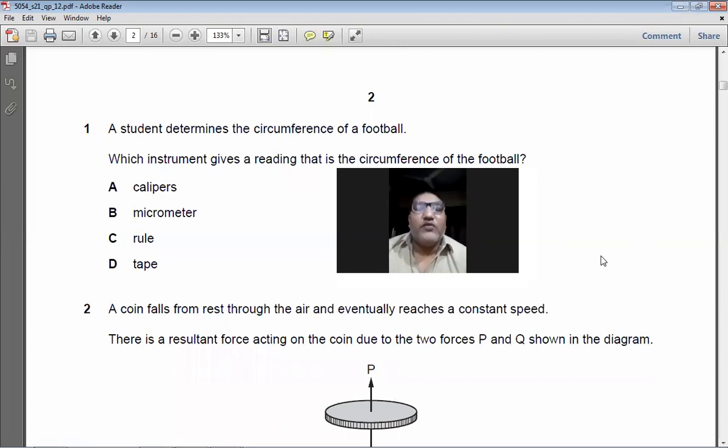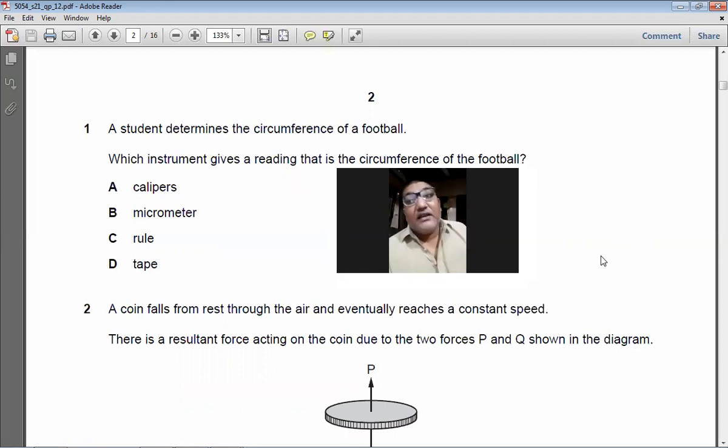Question number 1 is coming up on your screen. A student determines the circumference of a football. Which instrument gives a reading that is the circumference of the football? A caliper can give you the diameter. A micrometer can also give you the diameter only. A rule cannot be used directly in the case of a football.